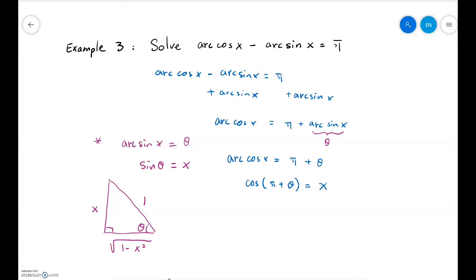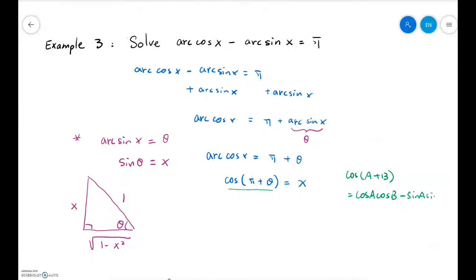Now I see a sum formula for the cosine: cosine of a plus b equals cosine a cosine b minus sine a sine b. I'm going to use that formula to expand cosine of pi plus theta.